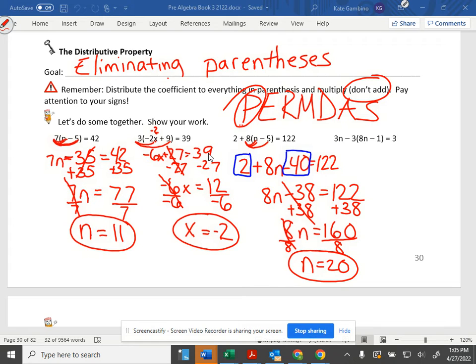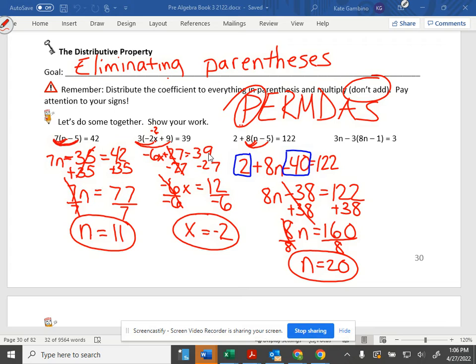It's really easy to make simple mistakes. It's really easy to say 2 plus 8. Gotta remember PEMDAS. Take care of your parentheses first, inside the parentheses and distributing. So we don't want any parentheses left. That's the first thing we did: we got rid of the parentheses.